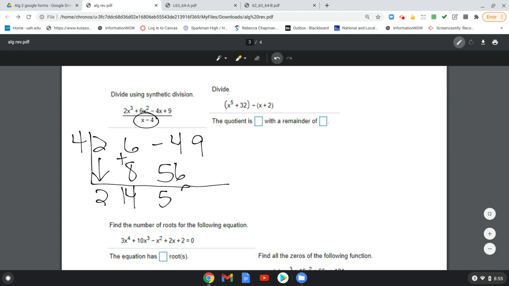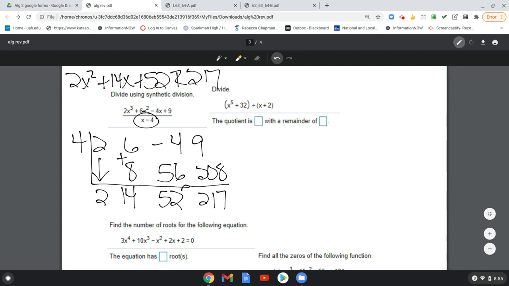This is 52. You multiply, you get 208, and when you add, you get 217. So what this tells me about this particular problem is that when I take the numerator and divide it by x minus 4, I end up with 2x squared plus 14x plus 52 with a remainder of 217.